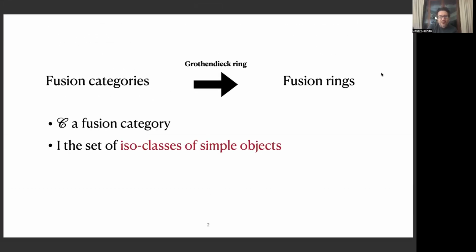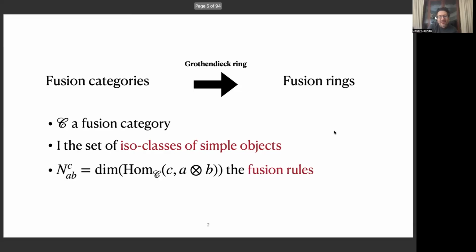So what is this combinatorial information? It comes first from considering the set of all isomorphism classes of simple objects, which I will denote at this moment as I. And then we have some integers that correspond to multiplicities.